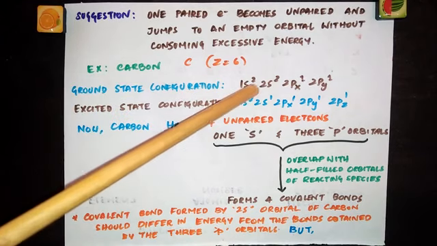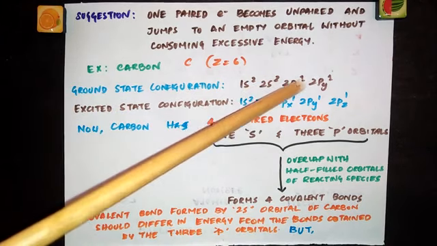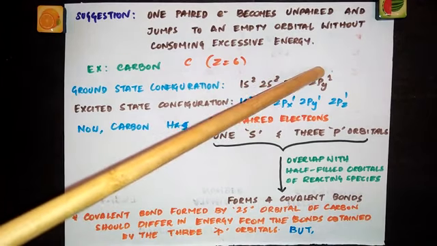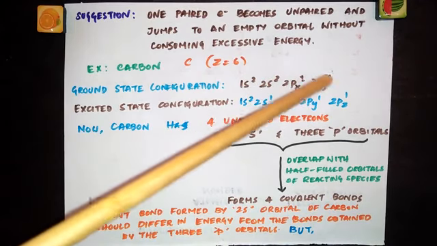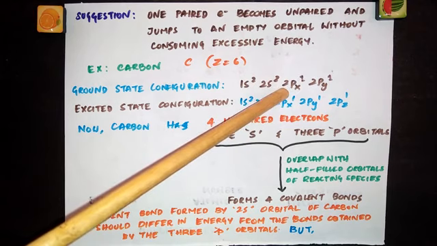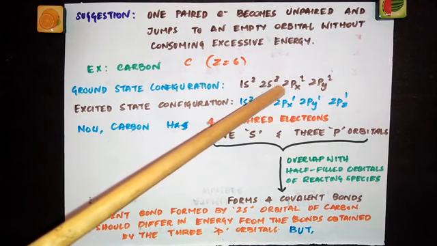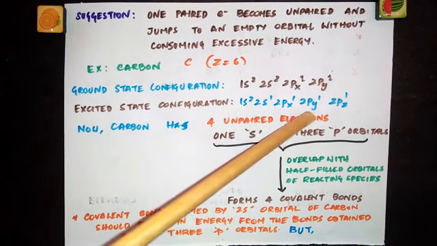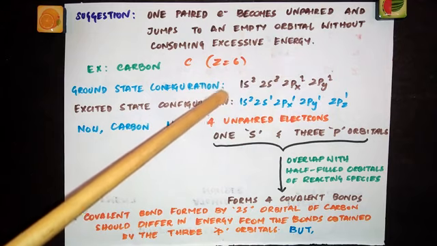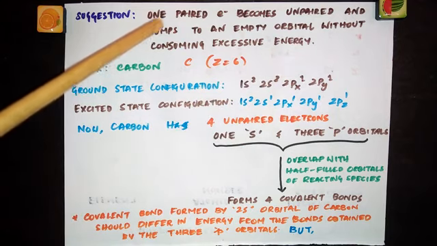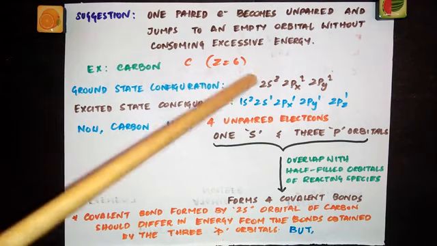The configuration of carbon is 1s2, 2s2, 2px1 and 2py1. There are two half-filled atomic orbitals. So the covalency of carbon according to VB theory should be 2. But we have seen the covalency of carbon to be 4, for example in CH4. So to explain this, it was suggested that one paired electron becomes unpaired.